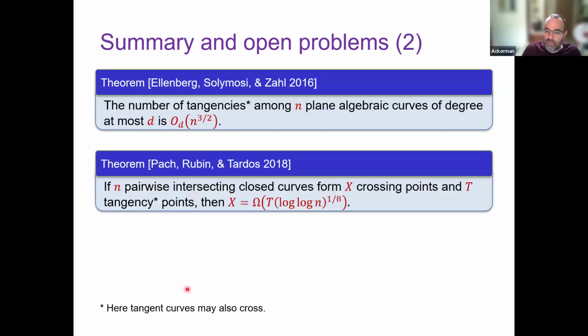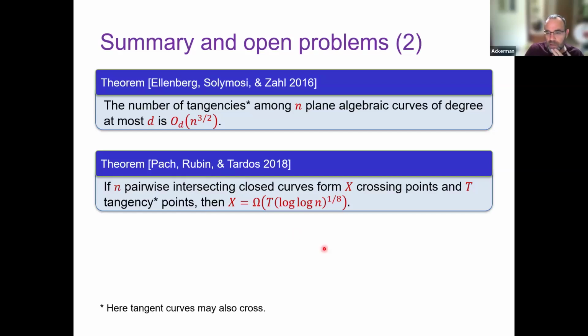And there is also a result by Pach and Tardos. They basically settled a long-standing conjecture by Richter and Thomassen. Suppose that you have n pairwise intersecting closed curves, but they can intersect many times between them. Again, you allow them to be tangent and also cross, and you count the number of crossings and the number of tangency points.